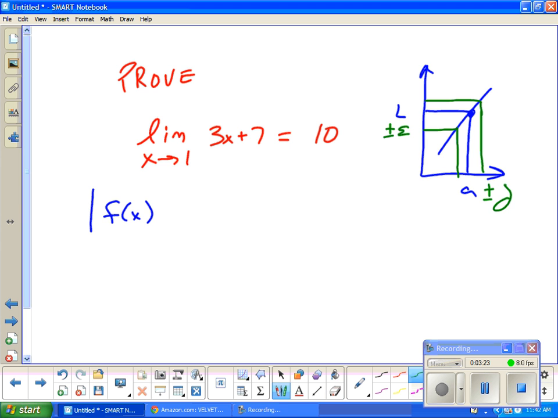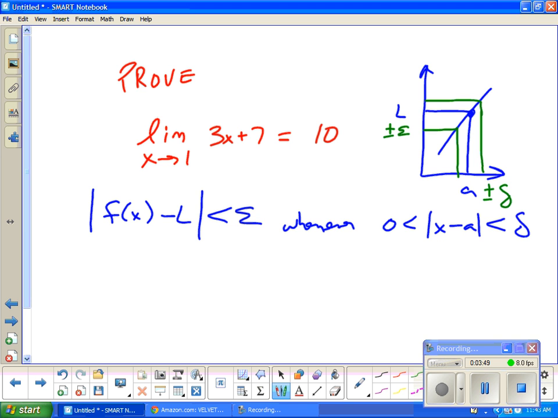All right. So I know then that if I take a look at this, if I say I'm looking for this range up here, it's going to be the absolute value of f of x minus L is less than epsilon, so it's in that range whenever the bottom one is less than the delta range.